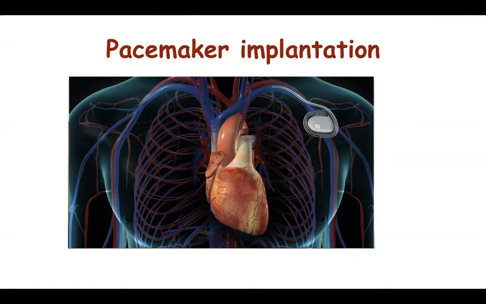Once the impulse is triggered by the artificial pacemaker, the heartbeat will continue on its own. So this is used in case of people who have a defective sinoatrial node. And with this, the functioning of the heart will continue in a regulated manner.